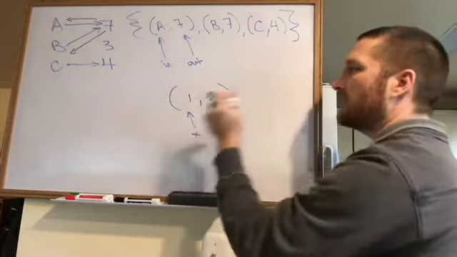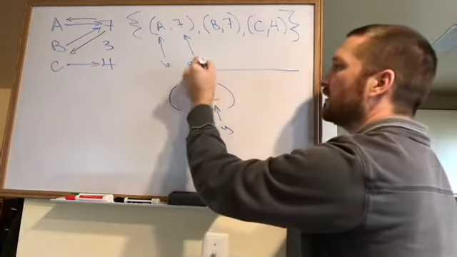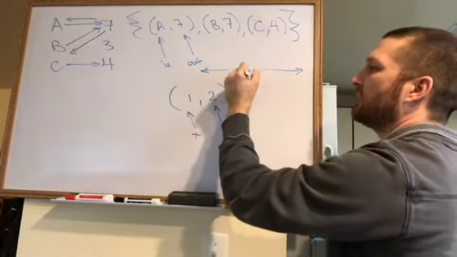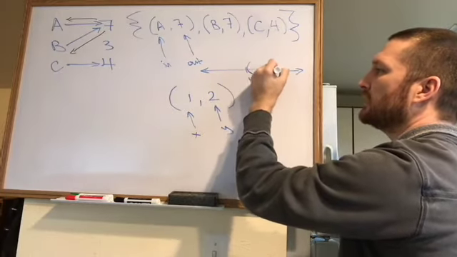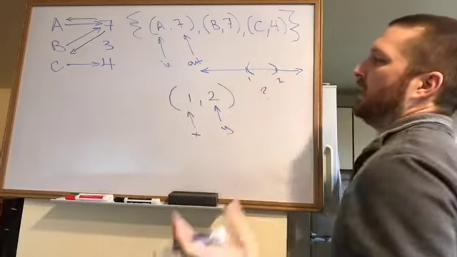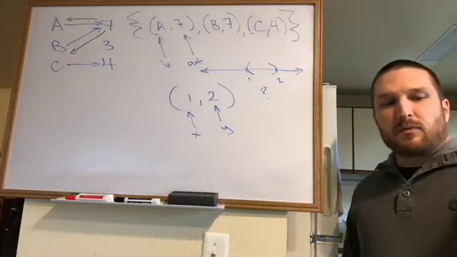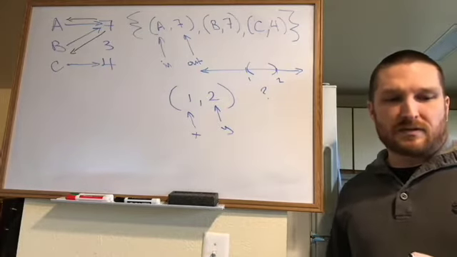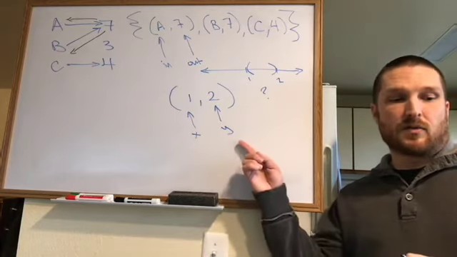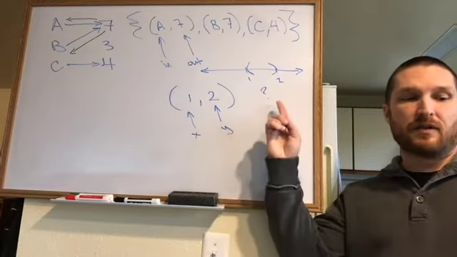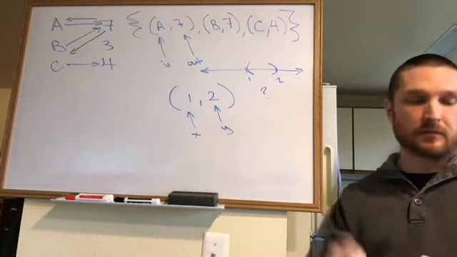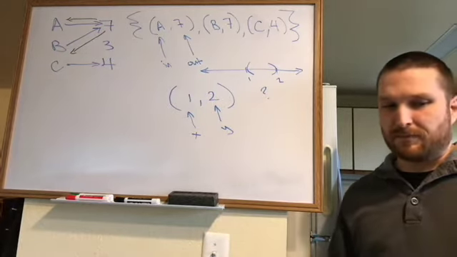Or am I talking about the interval on the number line from 1 up to 2, not including the endpoints? Well, if it's ambiguous, I will be sure to let you know. I will say this is the point or the ordered pair 1, 2. If it's an interval, I will refer to it as the interval 1, 2. It should not be a problem.